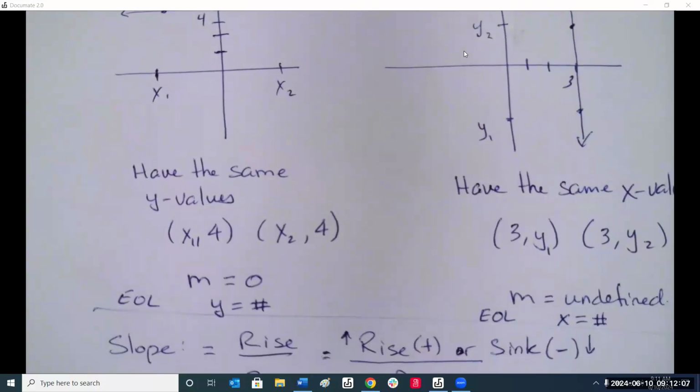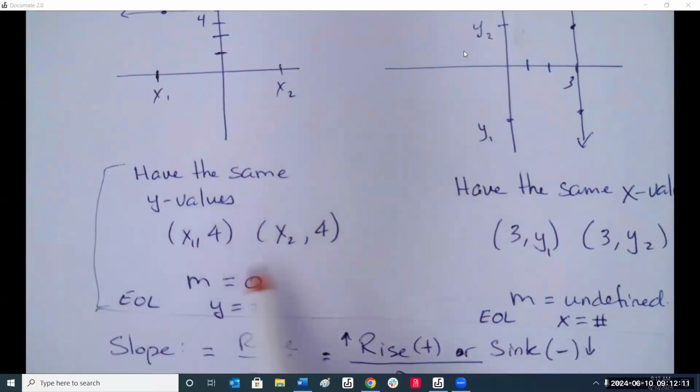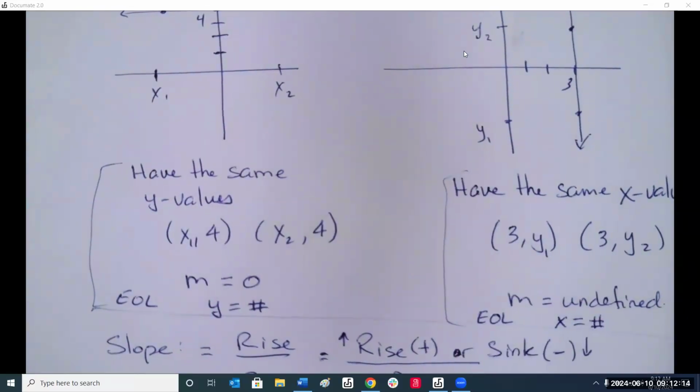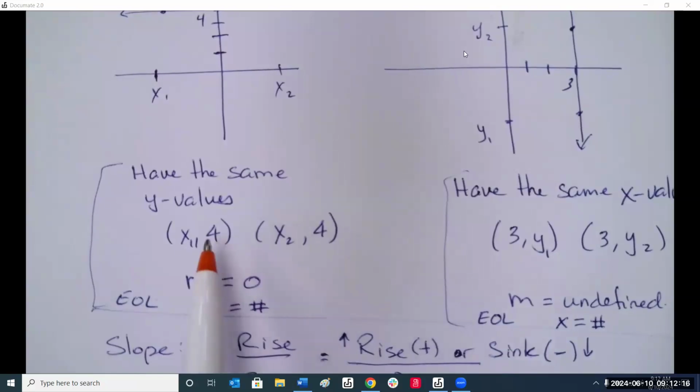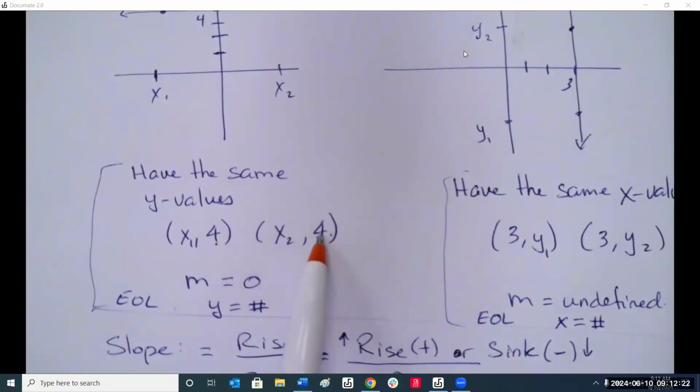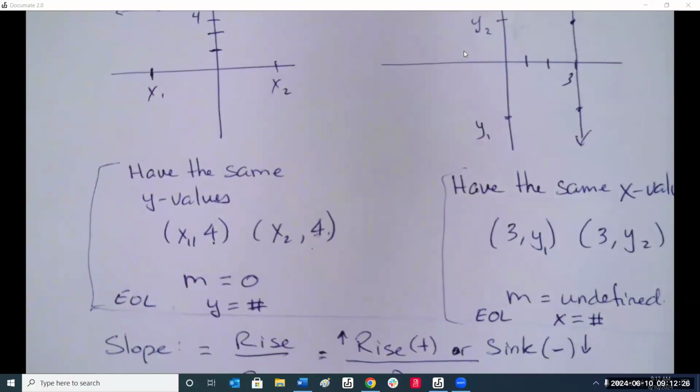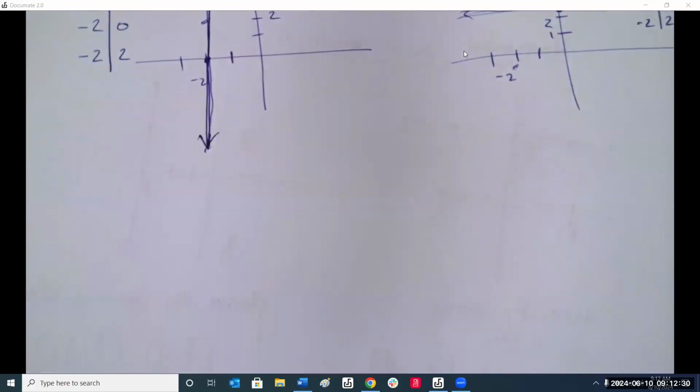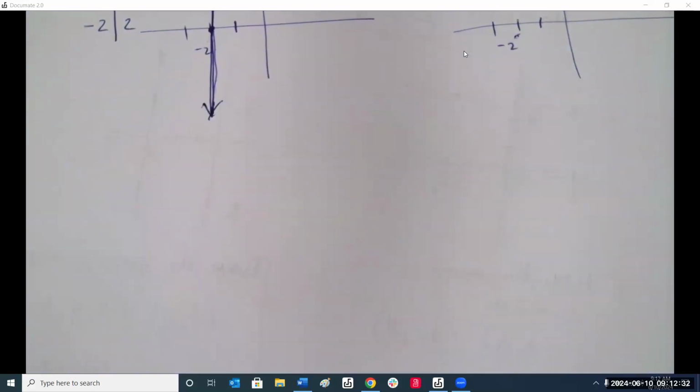Once you understand these concepts, they're super easy. If you look at 2 points, if they're the same y values, you know it's a horizontal line. You know the equation of the line, it's that number, and the slope is 0. It seems pretty straightforward. It is straightforward. It's pretty easy once you look at it.